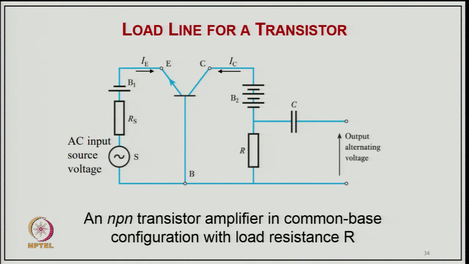In this case, you are using an AC input voltage along with the DC bias voltage and the input resistance, and then you will be looking at the output alternating voltage here. This capacitor will block the DC voltage, because the bias is something we have to provide, and the capacitor is providing that here. You want to get amplification of this small AC signal towards the output.